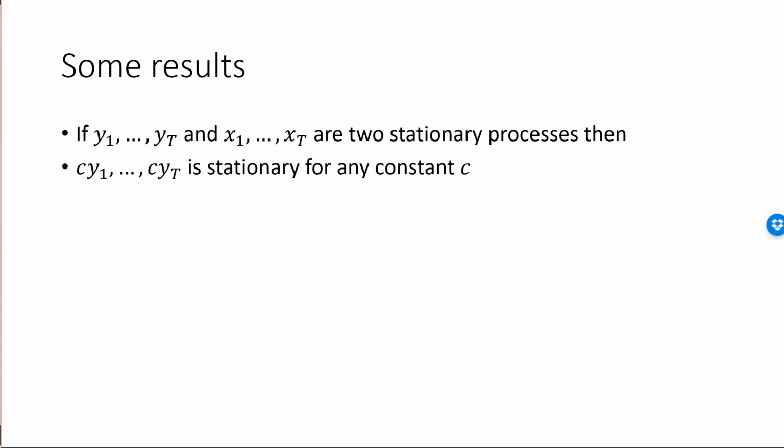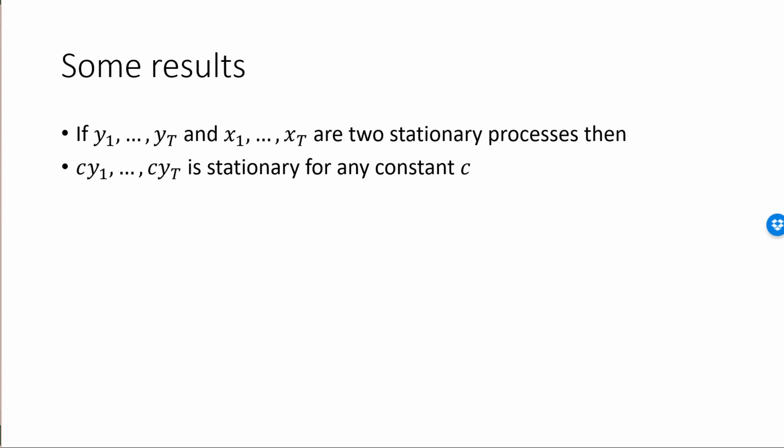For example, if the expected value of each yt is 10 and c is 2, then the expected value of each in the new time series cyt will be 2 times 10, or 20, but still constant.